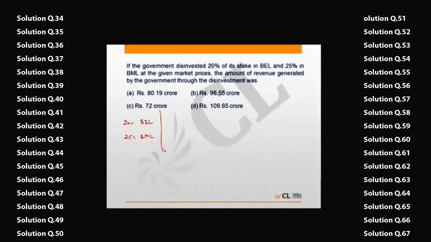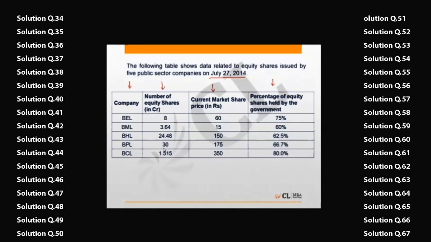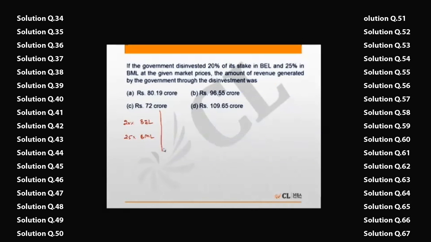So, which implies, if we look at the number of shares owned by the government, which is 75% of 8 crores, which is 6 crores, and it's going to disinvest 20% of 6 crores, that is 1.2 crores.